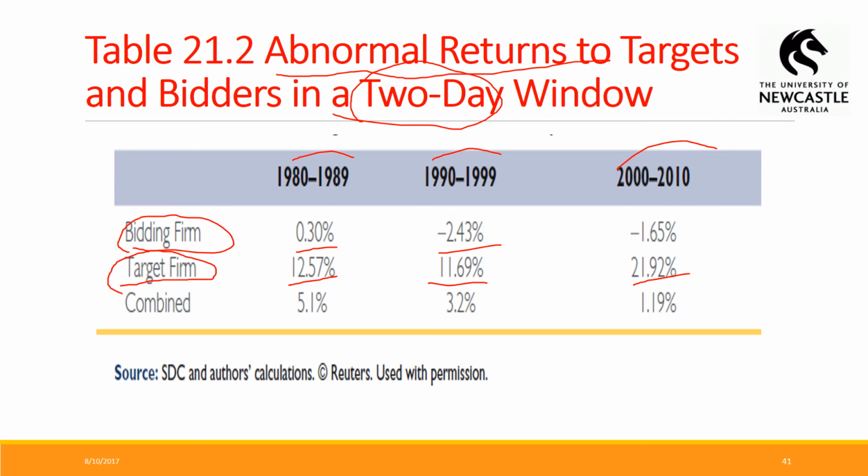Most of the cases they make losses, or sometimes if they make returns, the returns are really negligible. So the combined returns is around 2% to 5%. And if you compare these two groups here, you'll see that the positive combined returns tend to come from the target shareholders.